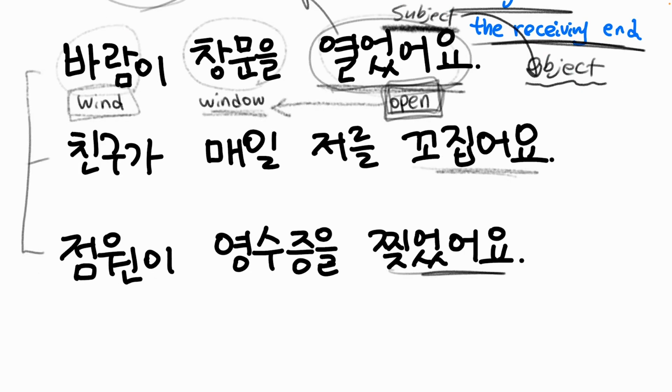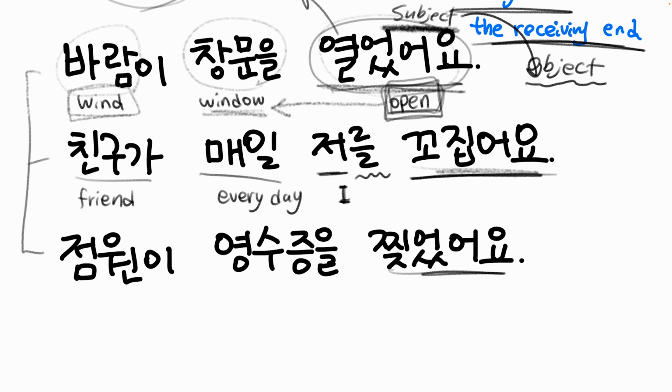And also 친구가, 친구 is a friend, right? And 매일 is an adverb that means every day. 매일 저를 꼬집어요. Here the object is I, the receiving end is I, and 꼬집다 means to pinch. So 꼬집어요 means pinch.